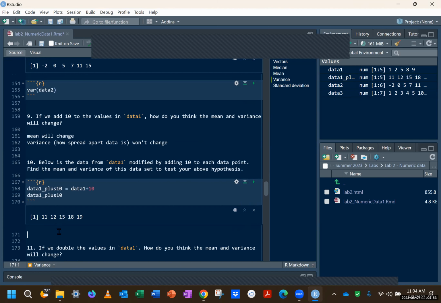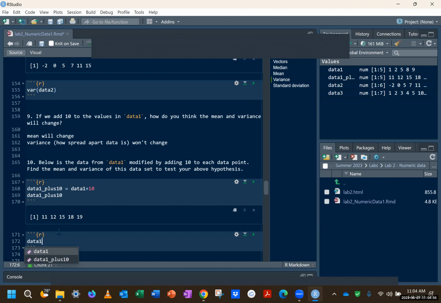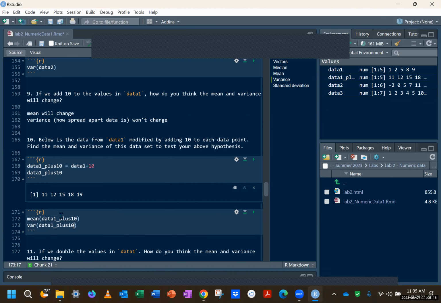So you can check. Data 1 plus 10, notice it pops up here. I can choose that. And I can just say, actually, I want the mean of that. Find the mean of data 1 plus 10 and the mean and the variance. Yeah, and so that way I can look at what the mean is and the variance is, and I can see, does it match my hypothesis?